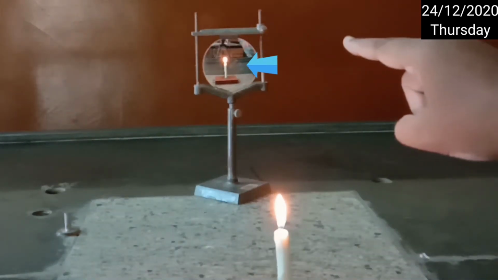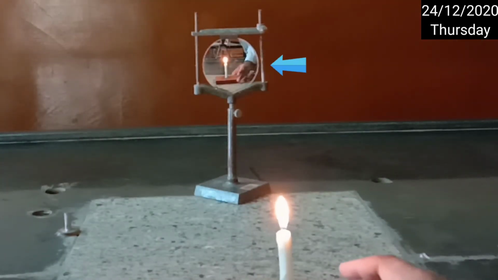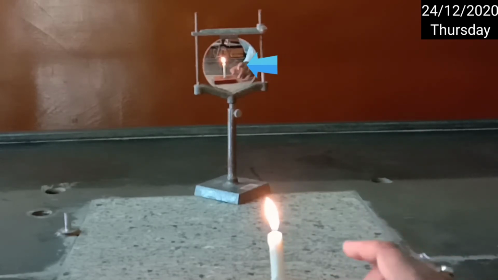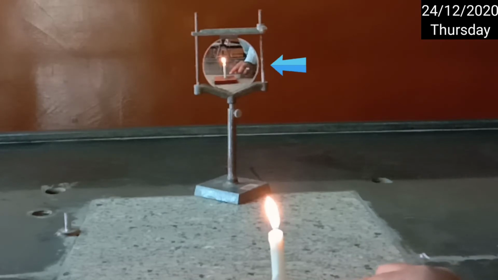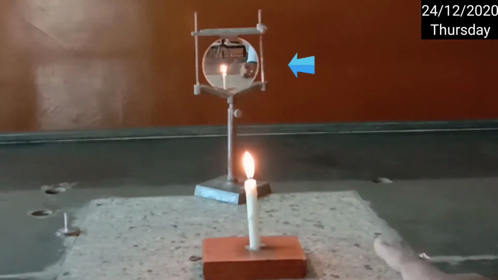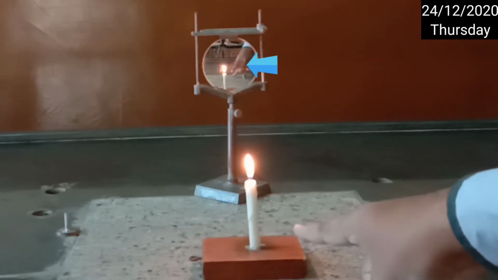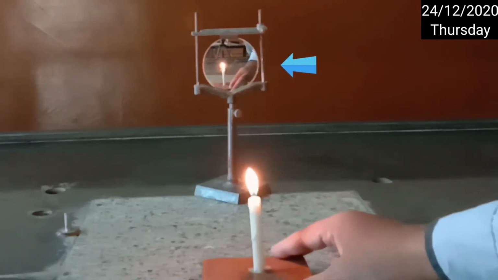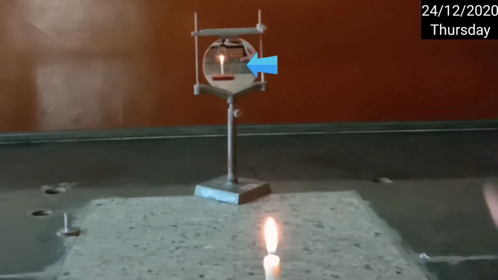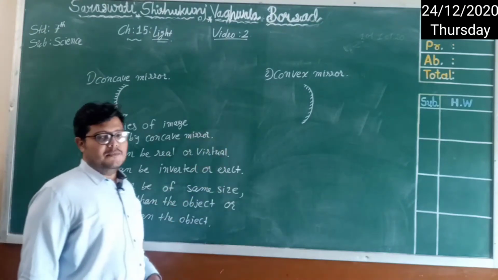The image you are observing inside the mirror is erect. So we can say the image is virtual and smaller than the size of the candle. It is smaller, but a little bit clear also. Even if I take it a little bit far away, it is smaller only.